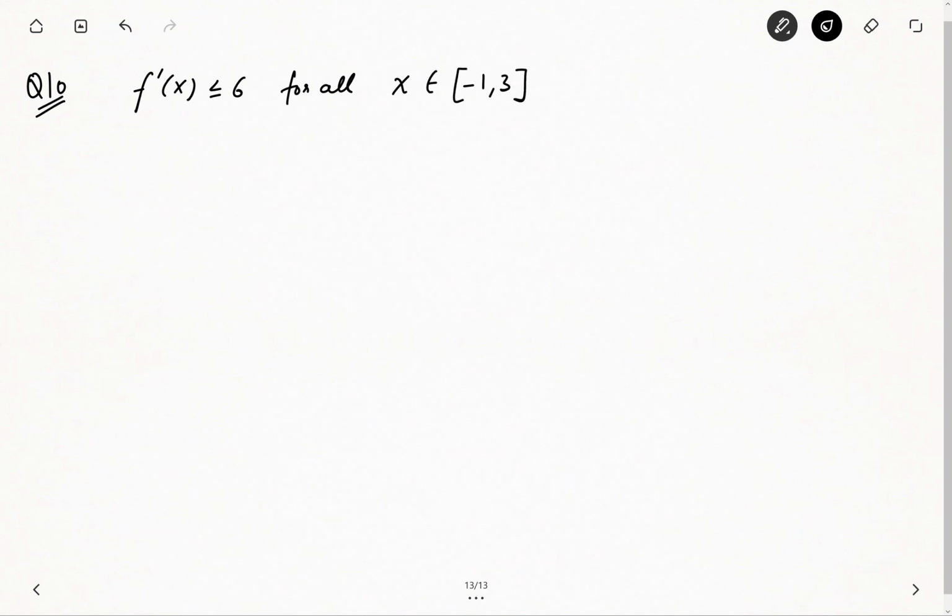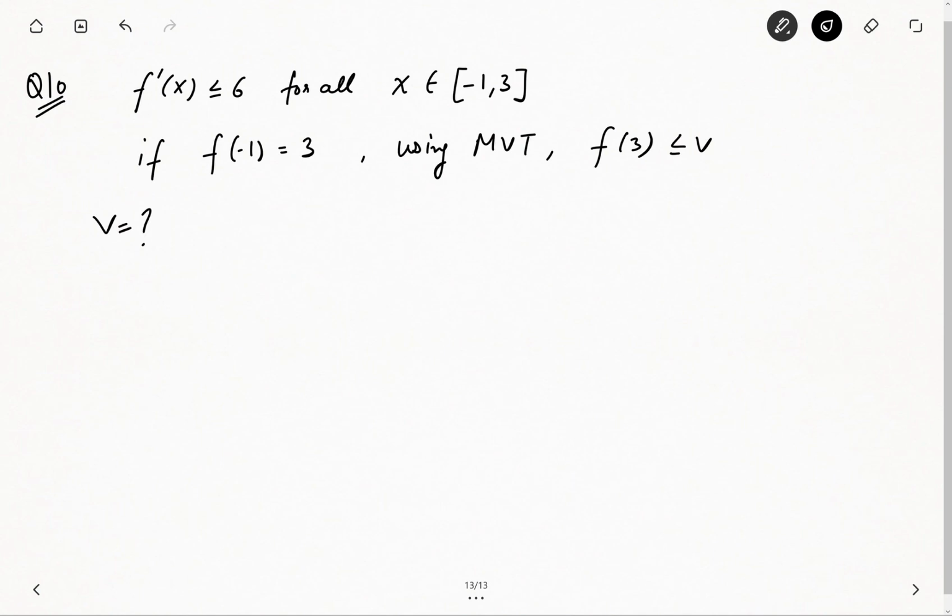So if you pick x values between that, you can always get this. They gave us a little bit of information here: f(-1) is given to be 3. How do we use that information? And they said using MVT, find out a bound on f(3) is less than v. So we're looking for the v value.